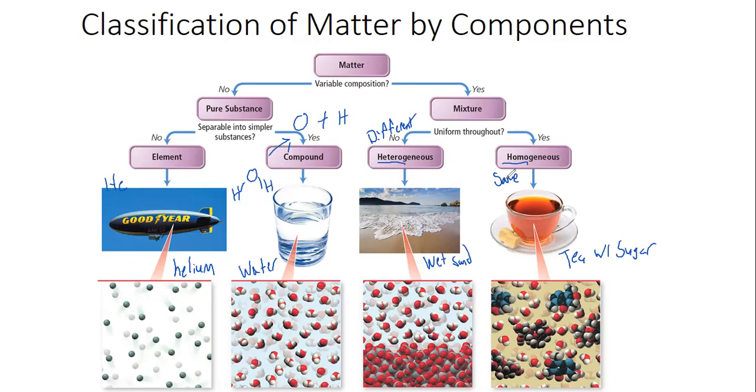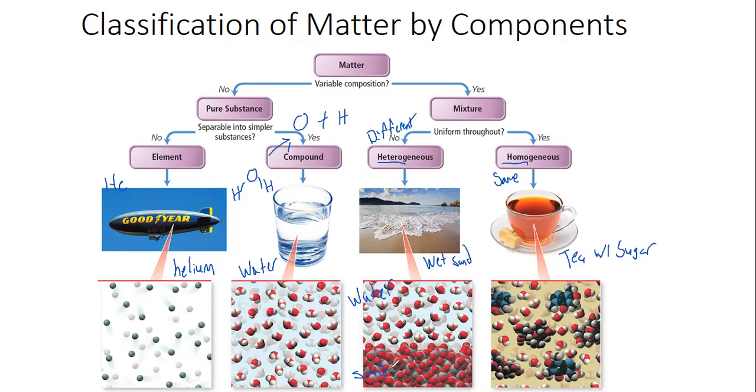A heterogeneous mixture is one where, depending where you take a sample from, you're going to get different elements. Another definition is that the elements are not uniformly mixed. In our example of wet sand, you have a water layer and a sand layer. Depending where I take my sample from, I'm either going to get more water or more sand, or maybe only water.